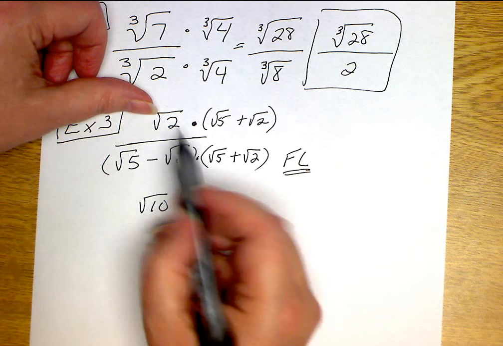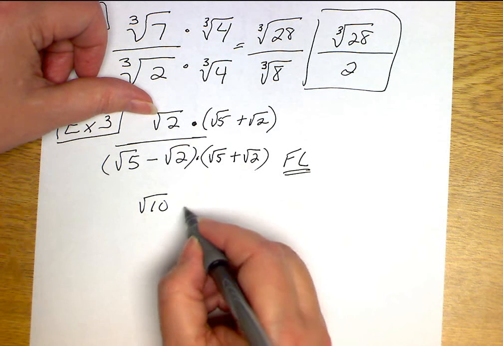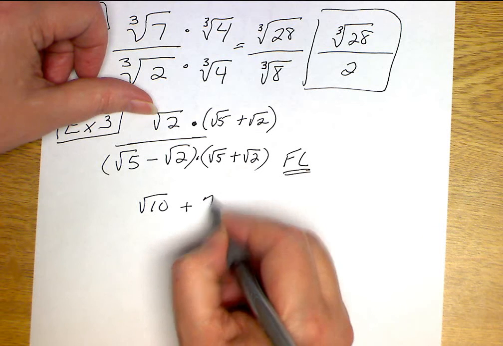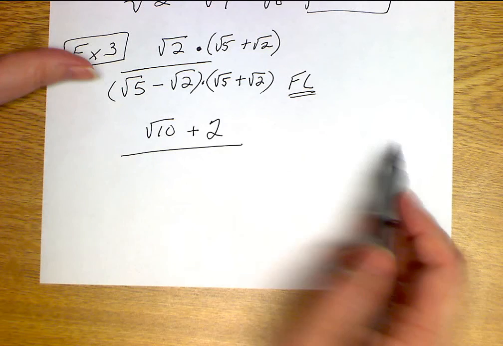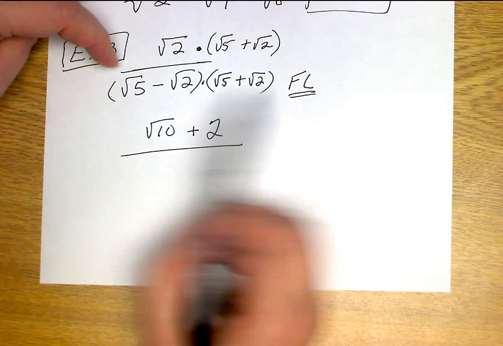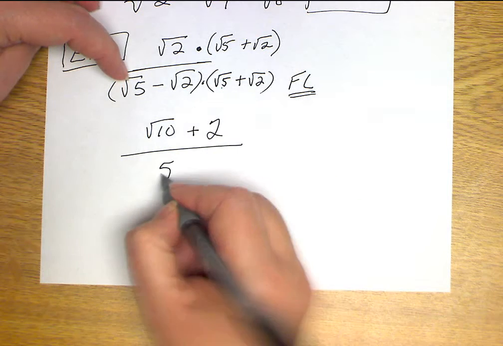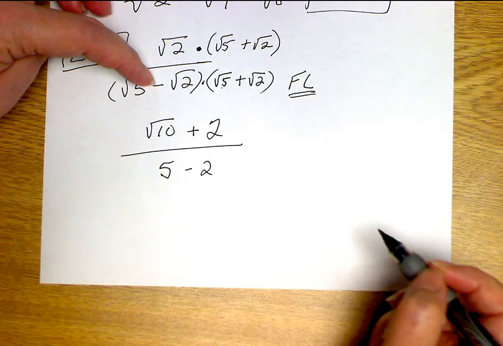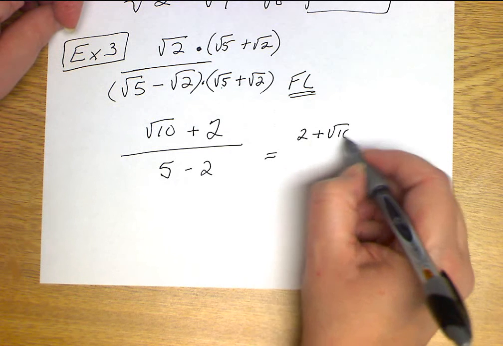Square root of 2 times the positive square root of 2, which is square root of 4 or 2. And then the bottom, you can do your FL. So your first, we have 5. And last, you have a negative 2. Our final answer, 2 plus the square root of 10 over 3.